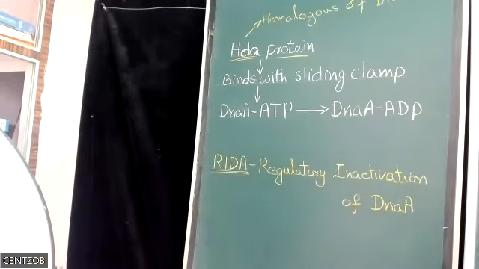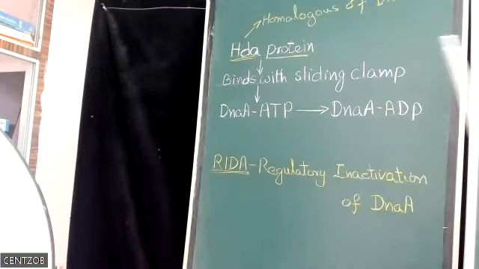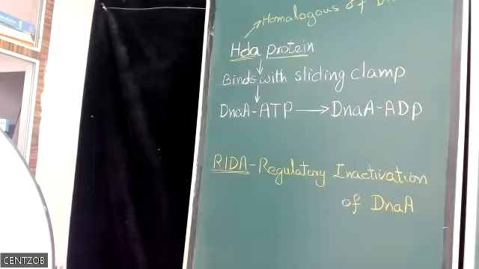So DnaA-ADP concentration level is maintained here. Understand? The DnaA-ADP complex cannot start initiation of DNA replication. That is a control level. I think you understood.